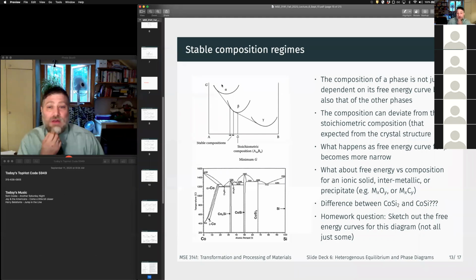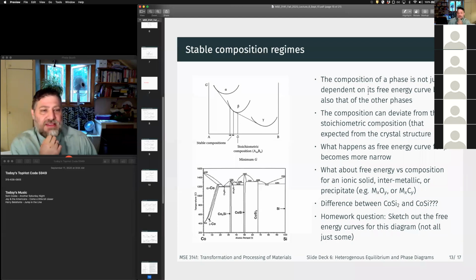So there's something deep here that a lot of people miss at first. Because the stability has to do with this common tangent, right?